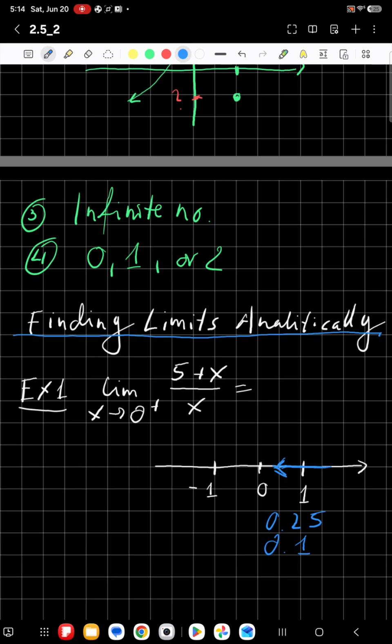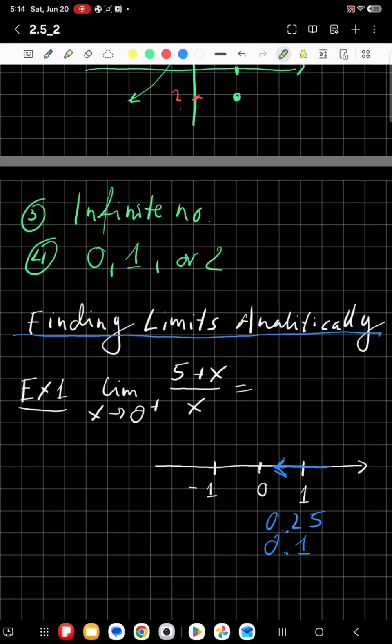Let me say one thing: you obviously cannot plug 0 into the denominator, because that would give you 0 in the denominator. But you can plug 0 into the numerator.